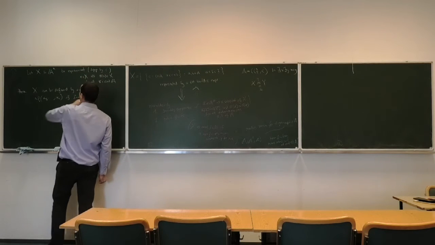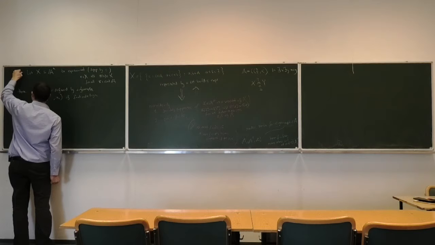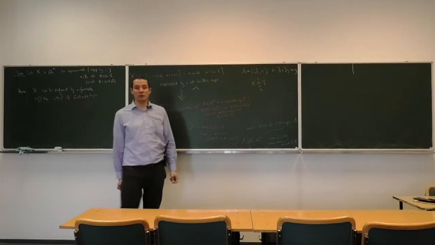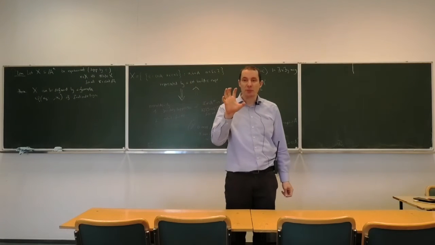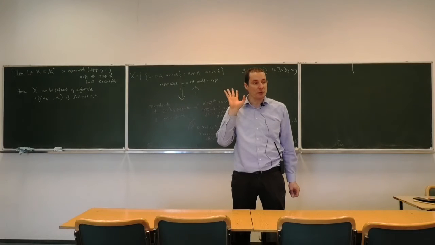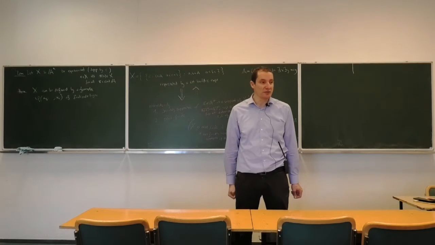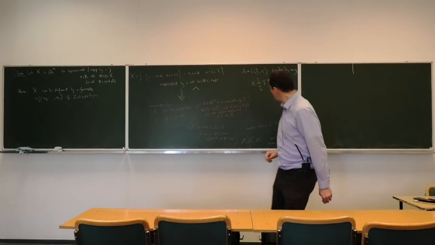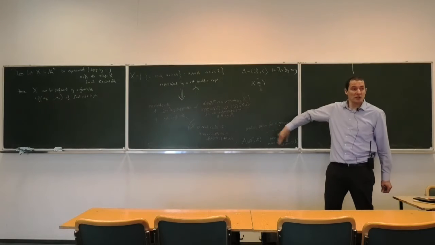So this is the lemma that we're going to prove now. That if you have a set which has this semantic property that it's invariant under automorphism, then necessarily it can be defined in first order logic. And this is going to use this assumption of oligomorphism. It's not true in general.